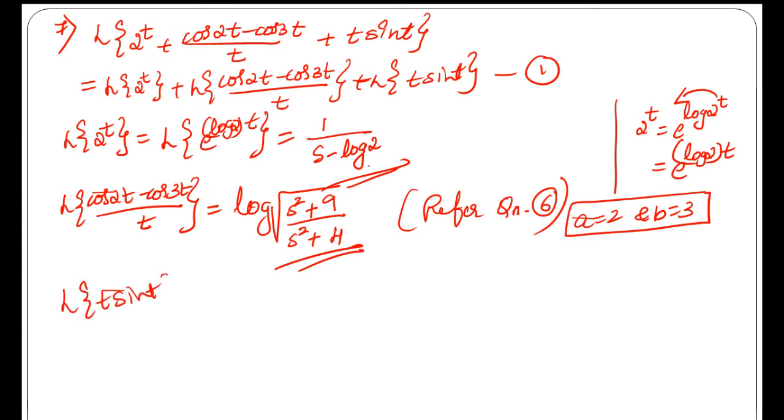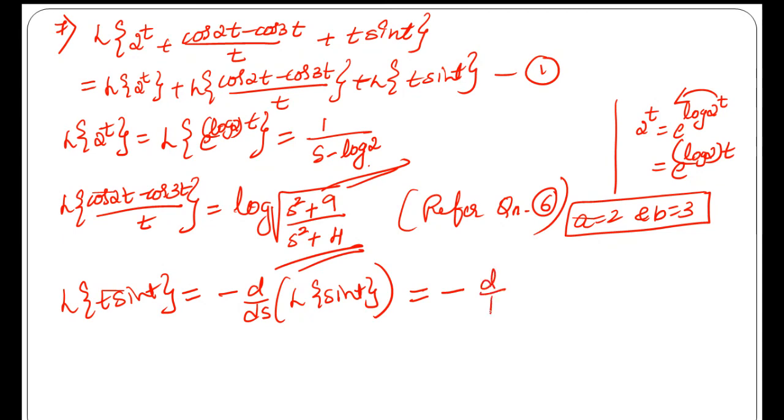Next, the Laplace transform of t sin t is equal to, by using property number 2, minus d by ds of the Laplace transform of sin t. The Laplace transform of sin t is 1 by s square plus 1 square.